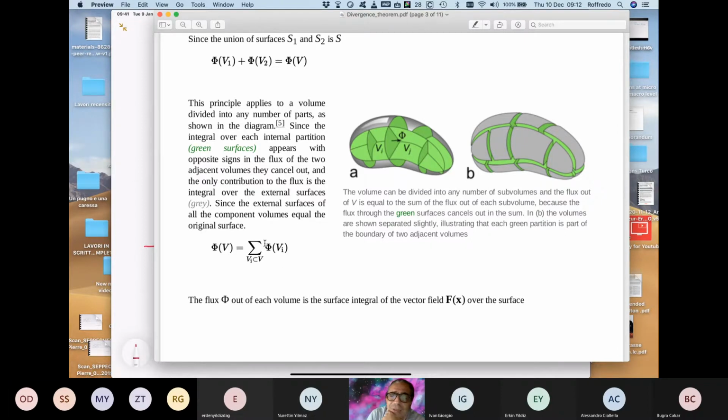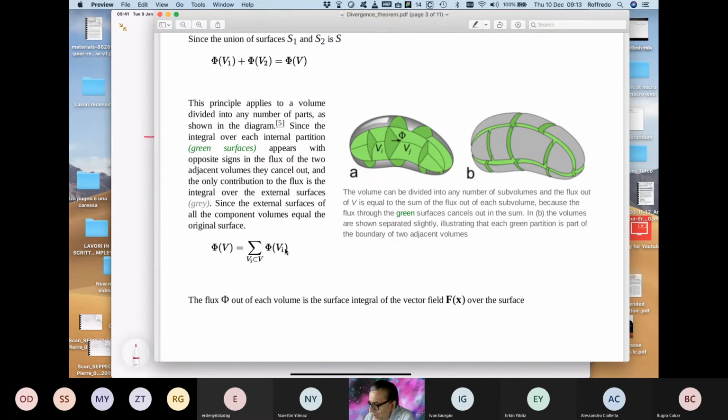And you always have that when you have a partition of the starting volume into sub-volumes, the flux calculated for the whole volume is always the sum of the fluxes for each element of the partition.